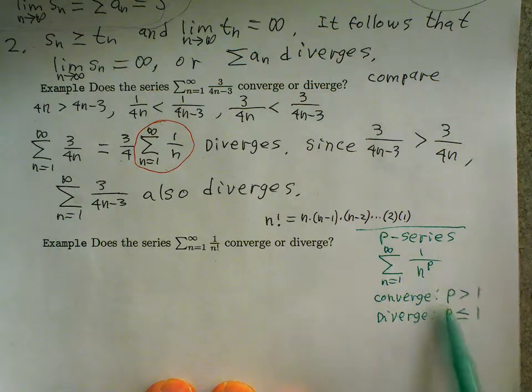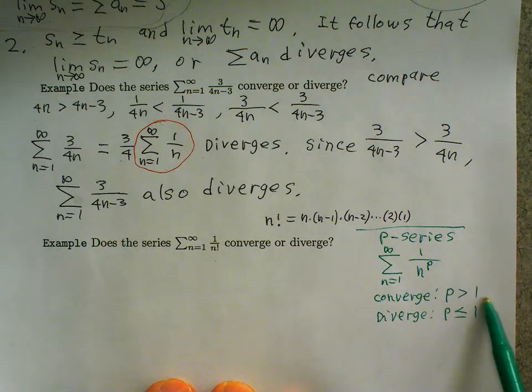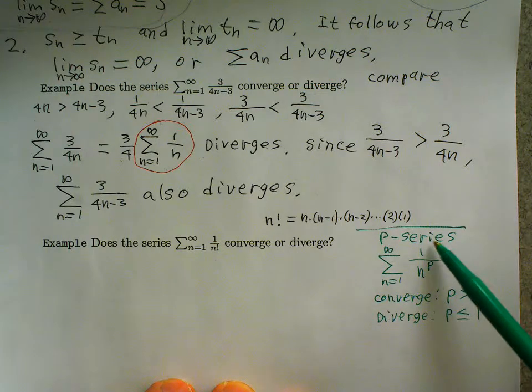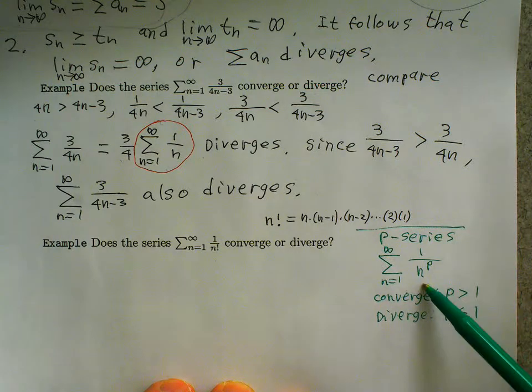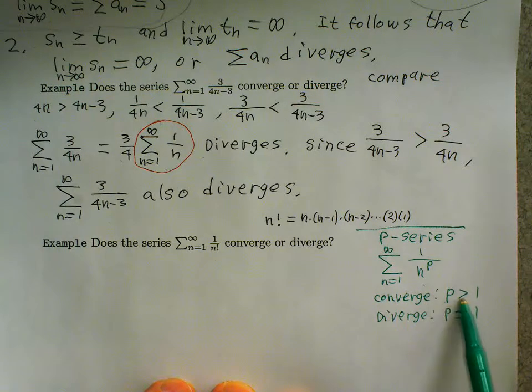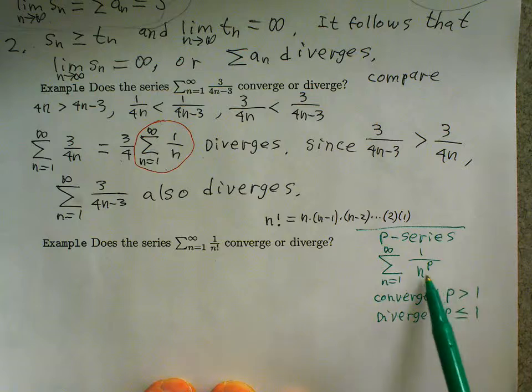Okay, so the larger the P value, the smaller the terms 1 over n to the p are. Because if p is greater than 1, then the denominator is big, but 1 over a big denominator is small.